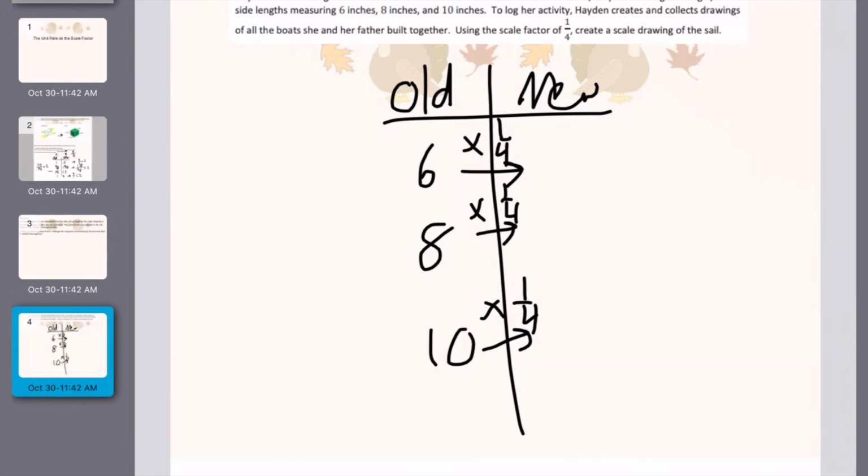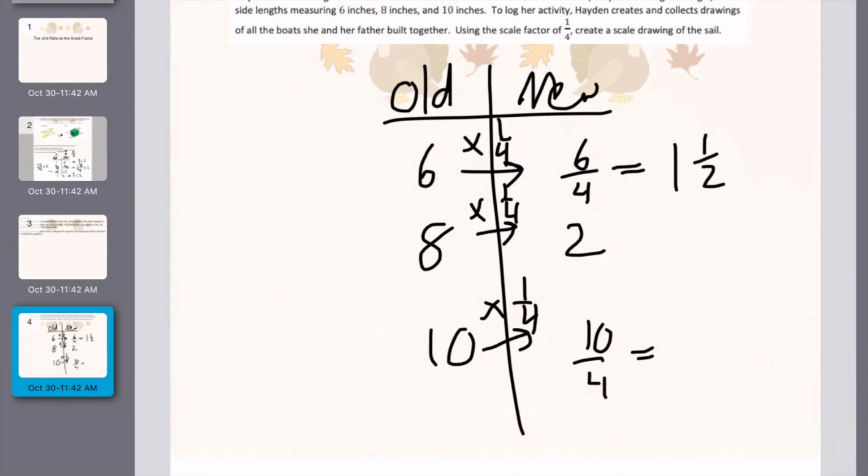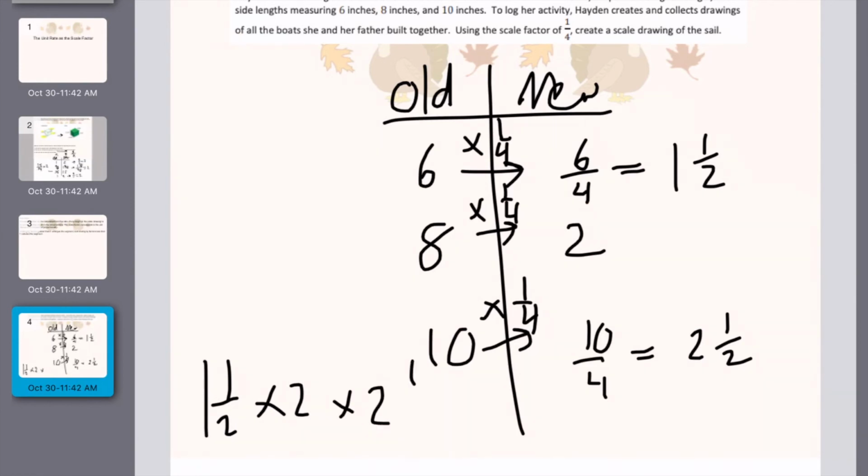So I know that 6 times a fourth gives me 6/4 or 1.5. 8 times a fourth gives me 2. And 10 times a fourth is 10/4 or 2.5. So these are going to be my new dimensions. It's going to be 1.5 by 2 by 2.5. And that's exactly how I go about trying to find my new dimensions.